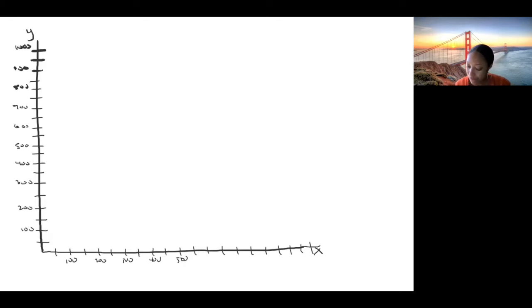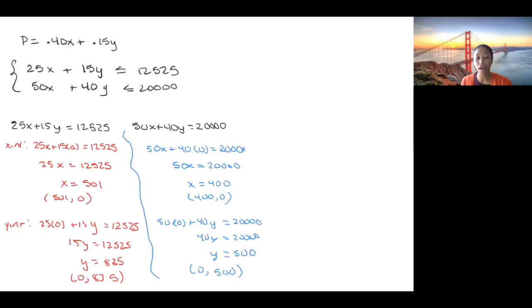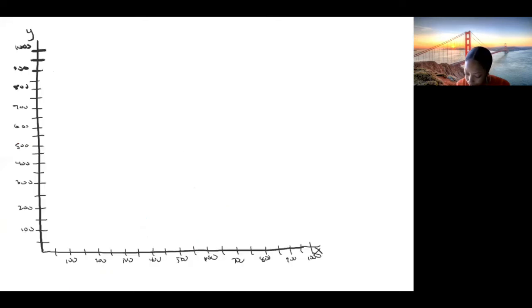All right, you do not have to write down every single line like I'm doing, but you should write enough so that I understand what the scale is. All right, from here, I've forgotten what our points are. For our red line, we have 501, 0 and 0, 835. 501, 0 would be basically here, and then 0, 835.